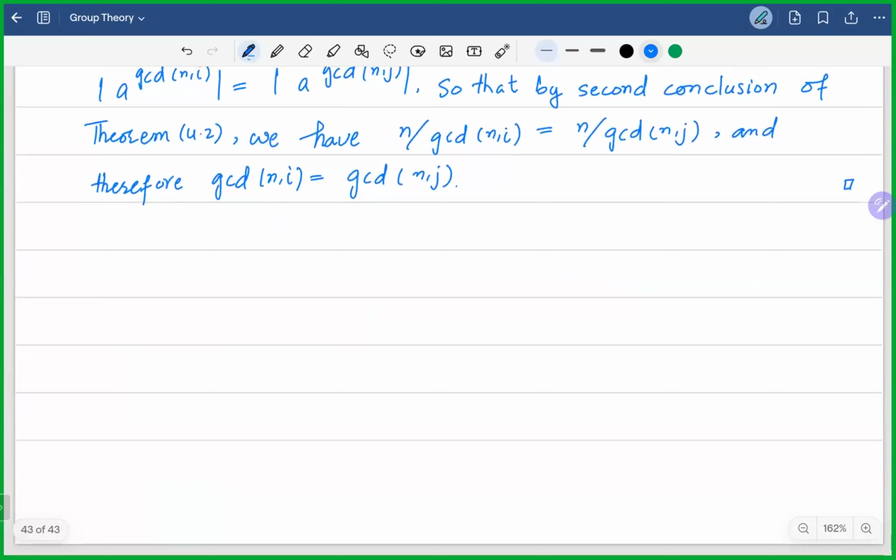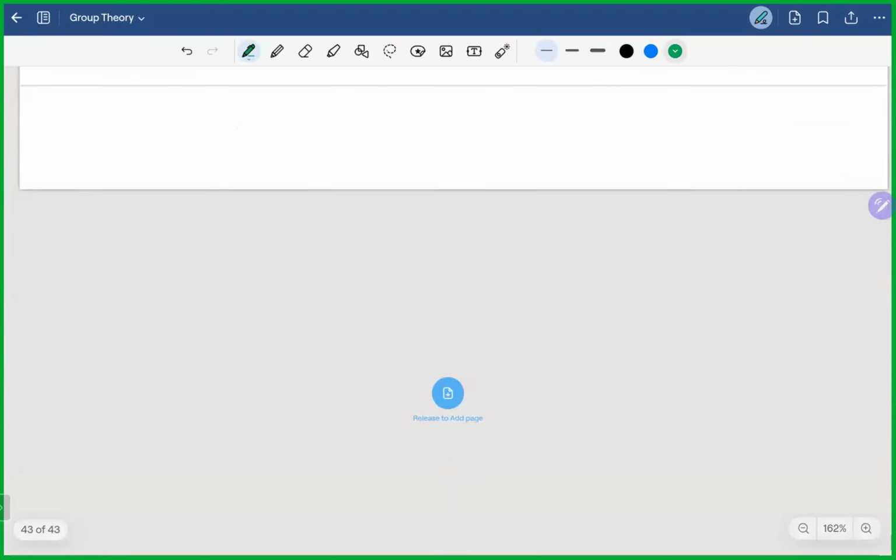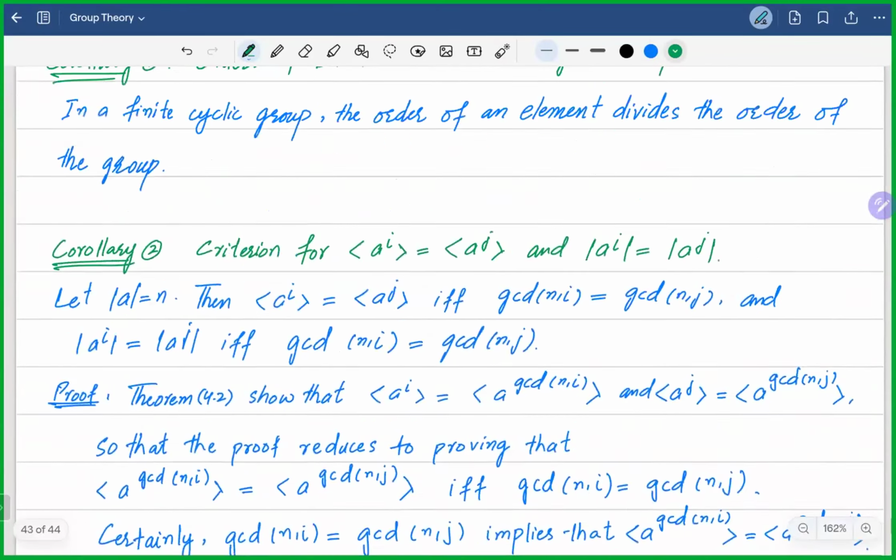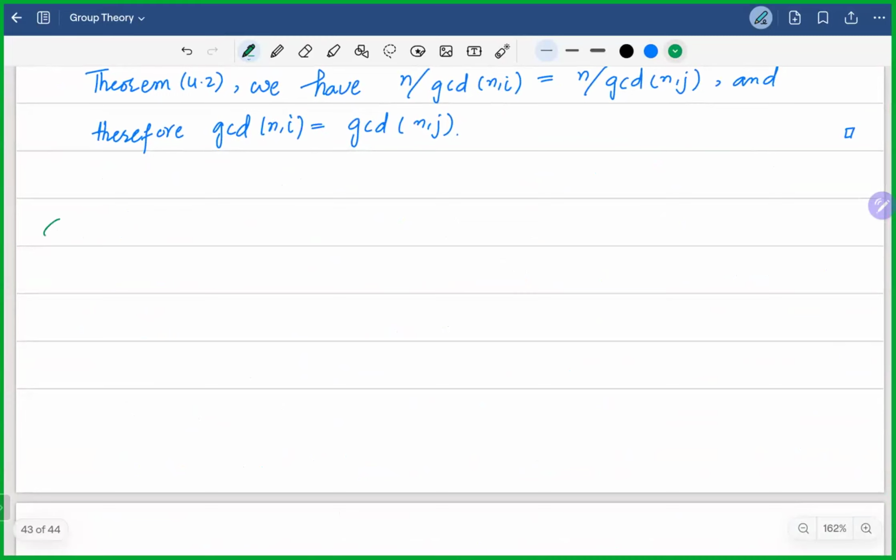This is corollary 2. Now corollary 3 talks about generators of finite cyclic groups.